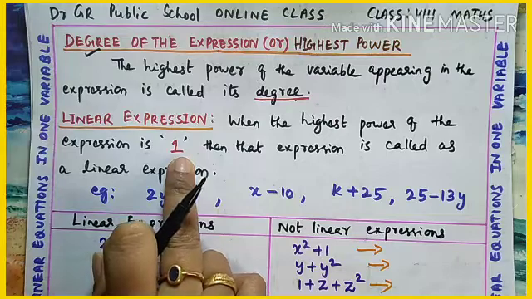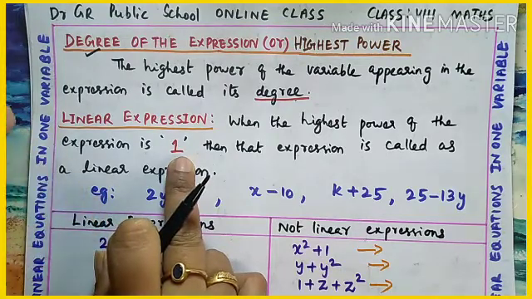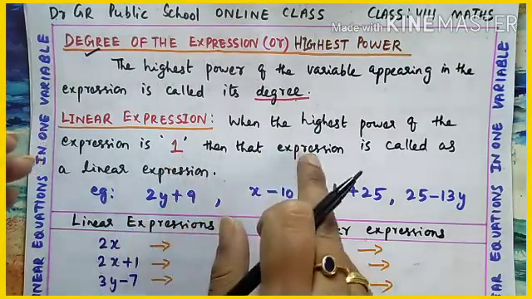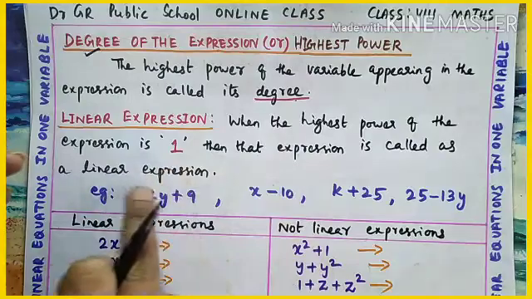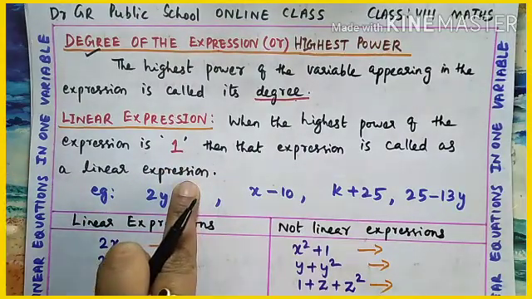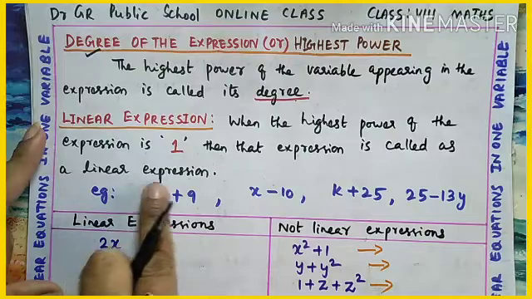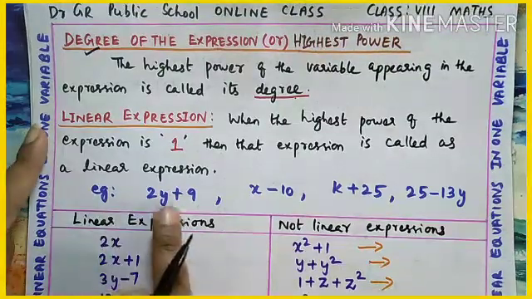You remember we studied some examples having power equal to 1. So when the power is equal to 1, that expression is called a linear expression. Whenever an expression is given and its power is 1, we can say that expression is a linear expression.